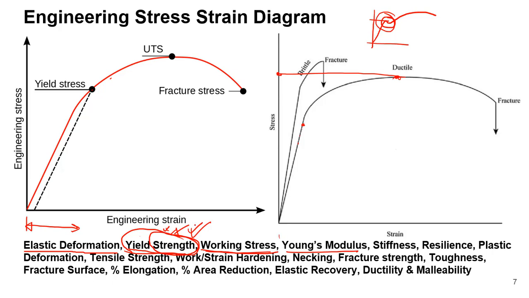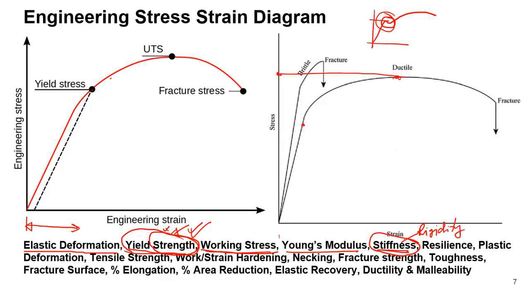Young's modulus is again a mechanical property that measures the stiffness of the material. What is the meaning of stiffness or rigidity? Stiffness and rigidity are the same words.